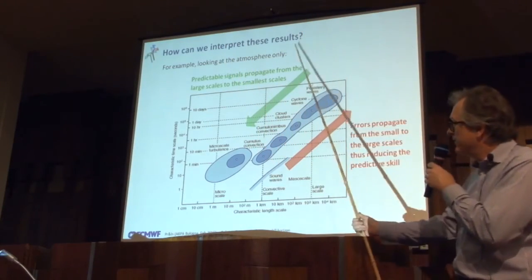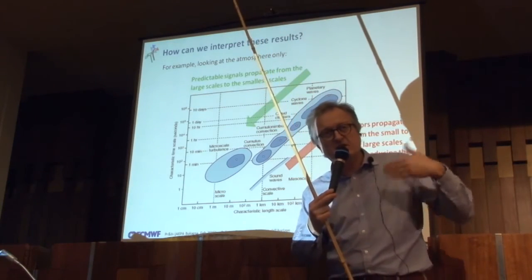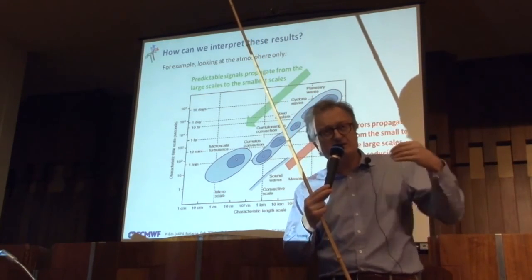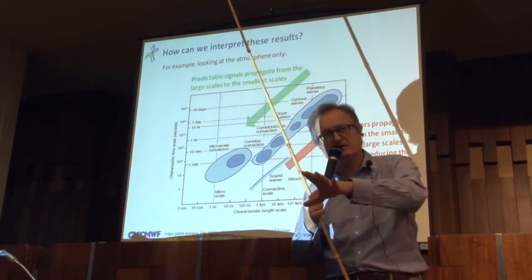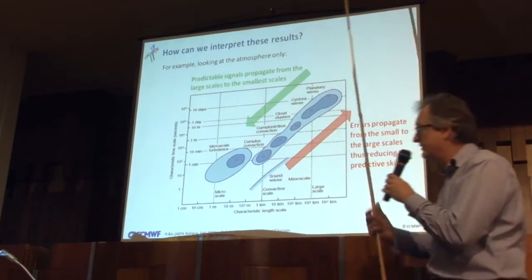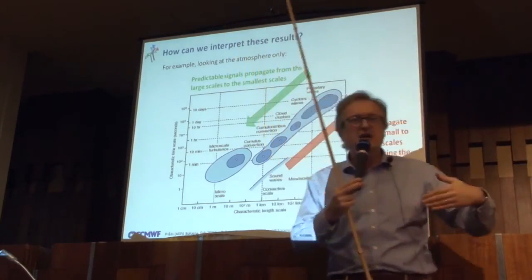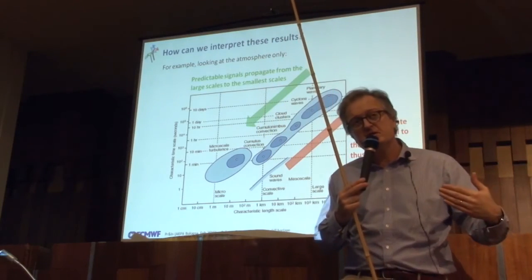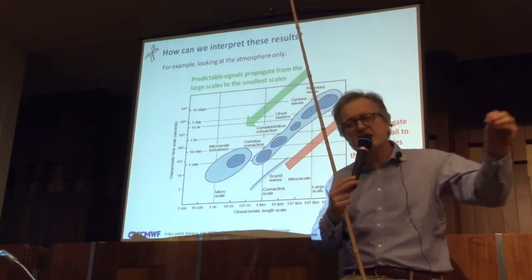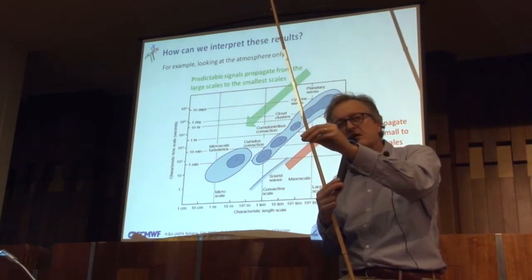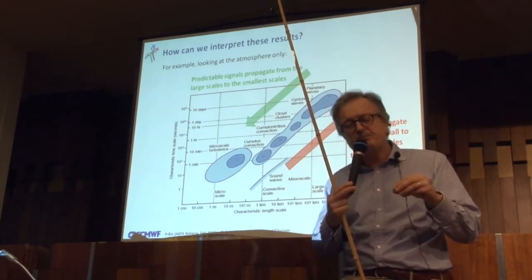So it was missing the initialization of the large scales as we do now. This is why what was thought to be 2 weeks is now 3 weeks. It's the combination of having made the models better, the inclusion of more processes, and the fact that we can initialize them, that helped extend the forecast skill horizon for instantaneous fields.